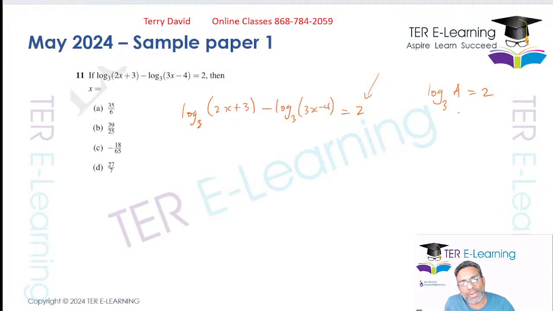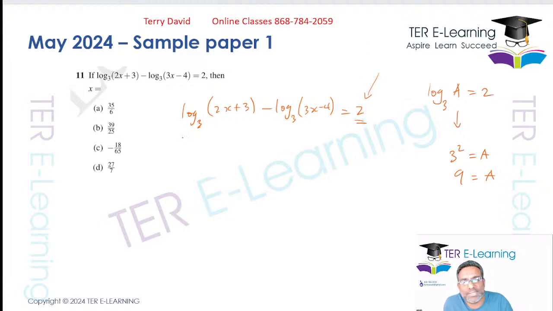If we convert from log format to exponent format, we can say that 3 raised to the power 2 has to be equal to a. Therefore 9 has to be equal to a. So what that tells me is I can replace this 2 here as log to base 3 of 9.